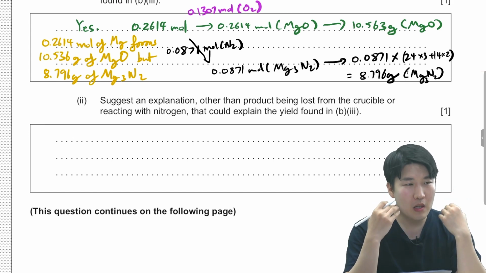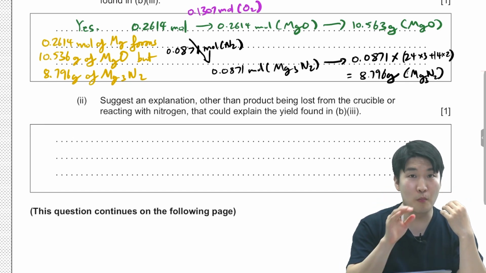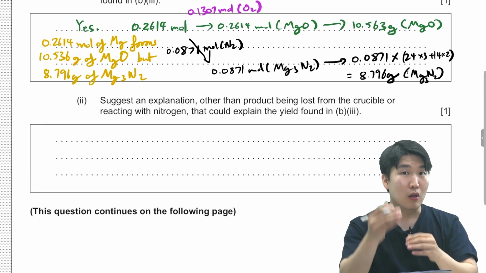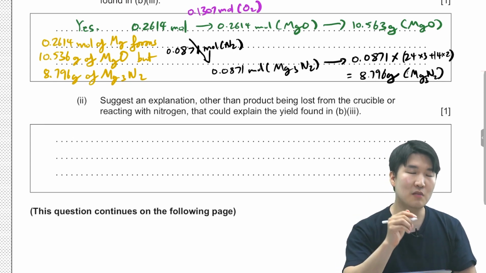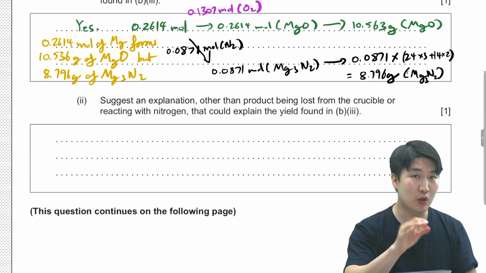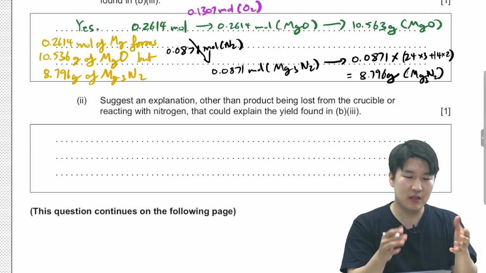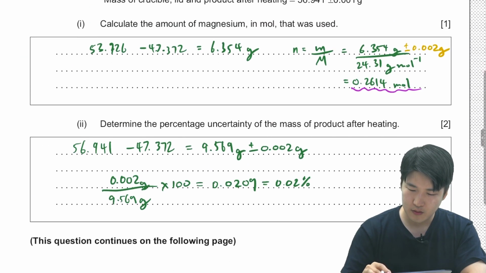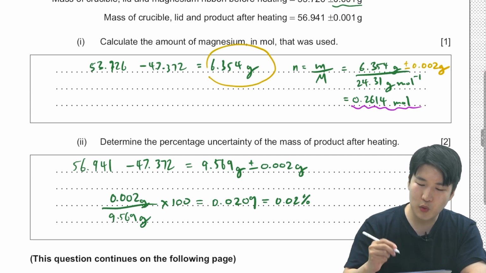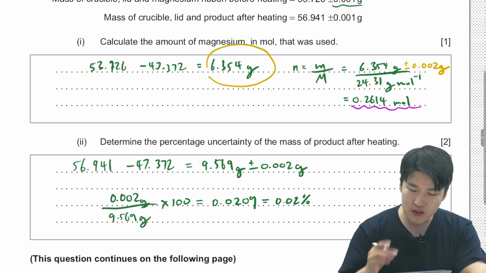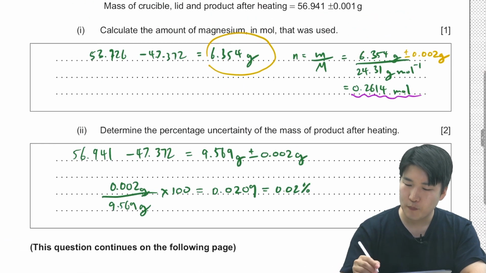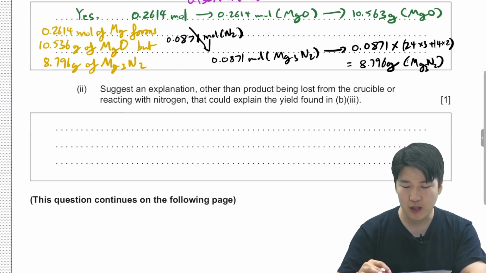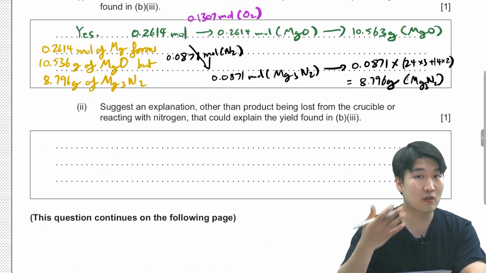What if the 0.2614 mole of magnesium that we started off with wasn't that amount but lower? What if the magnesium that we used was impure, and therefore the actual amount present in the 6.354 grams wasn't actually 0.2614 mole, but lower? Yes, that would explain why there would be less product formed.